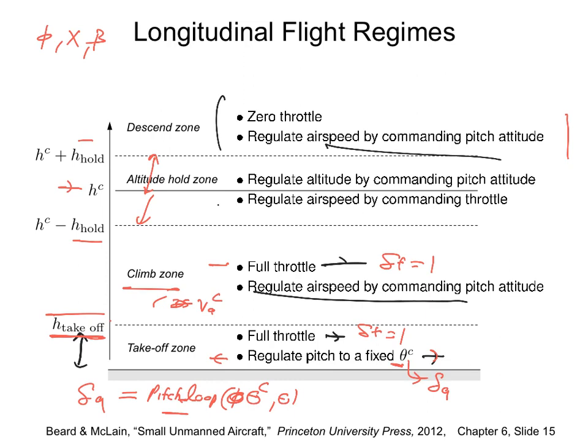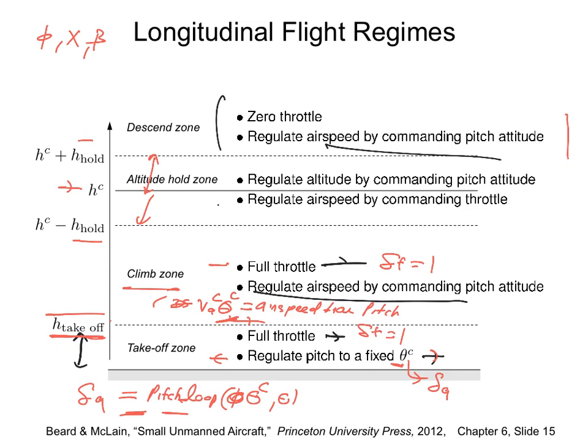So there is a loop called airspeed from pitch. Okay, so this is how it will work. The output of this airspeed to pitch loop will be a theta commanded, and then you can again call this pitch loop to give you this desired theta commanded. Okay, so that's how it will be.